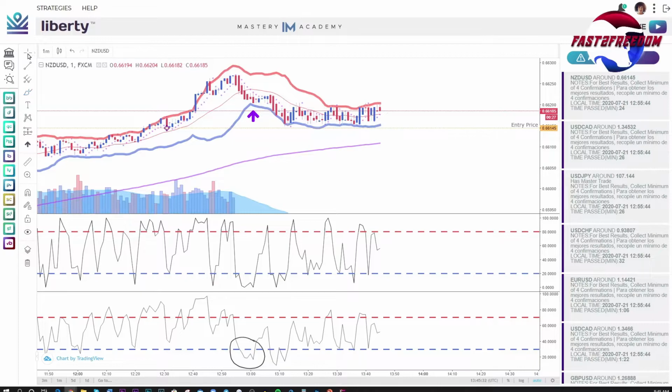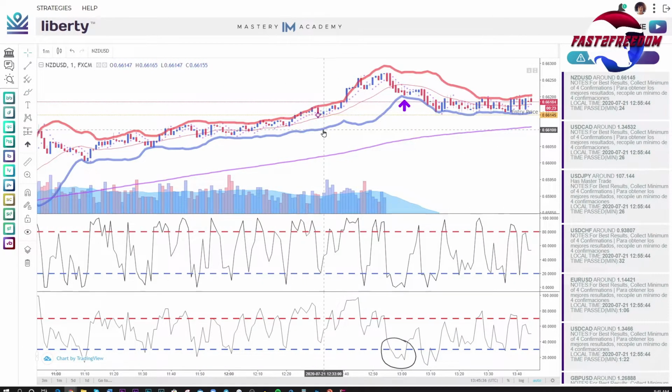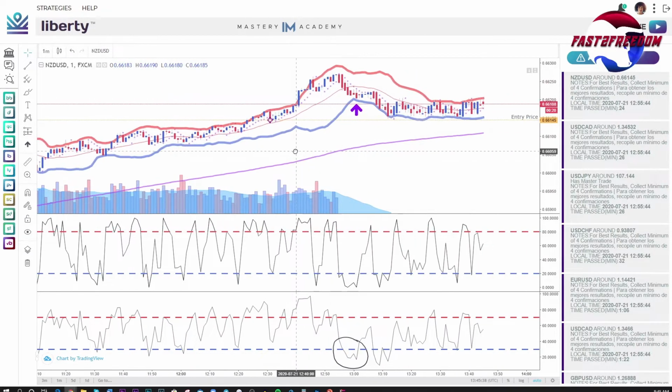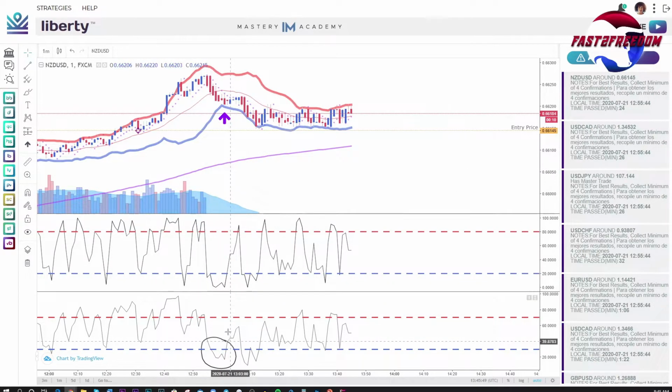Well, we see the trend, but when I'm using this type of strategy and I'm going based off of a trend, if I'm getting into a trade because of the trend, this is what I'm going to be looking for: cross ups on both the stochastics and the RSI. Being that it pulled back, this is not something that I would want to get into.